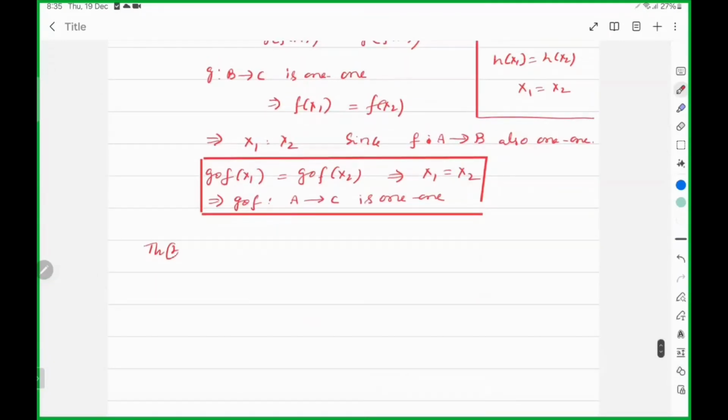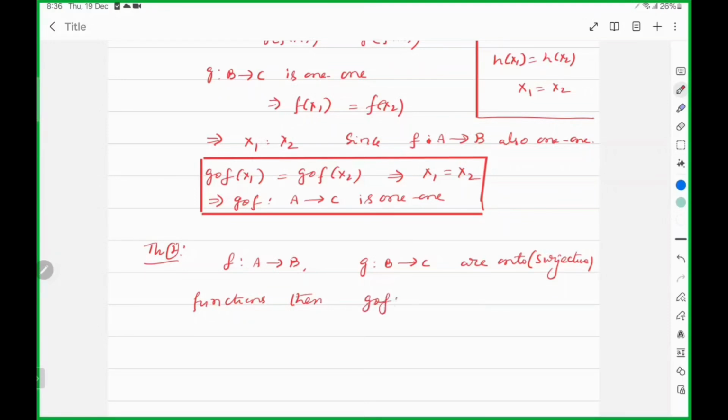And in this class, I will explain one more theorem. If f maps from A to B and g maps from B to C are onto, sometimes they use the word surjective, then g circle f from A to C is also an onto function.